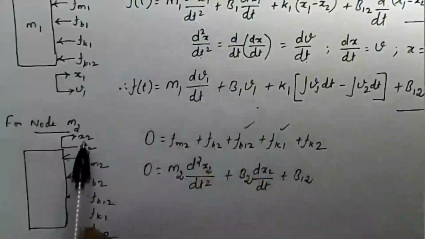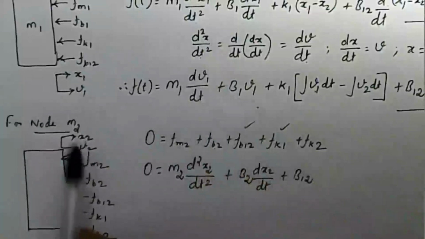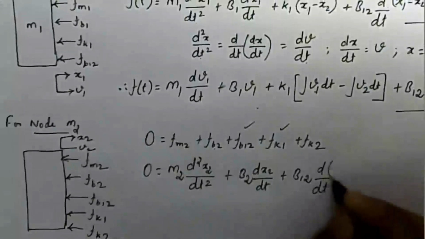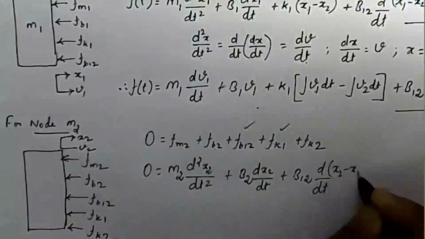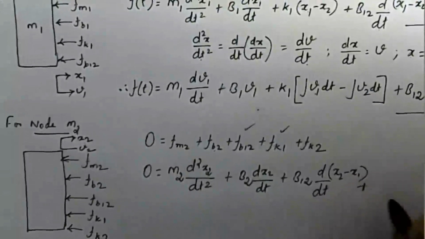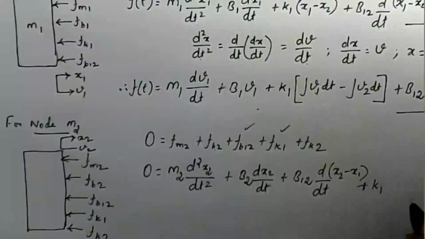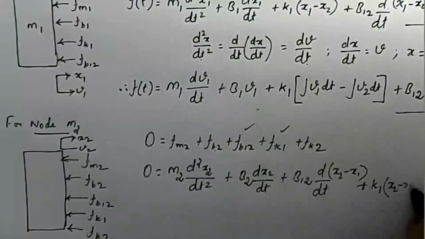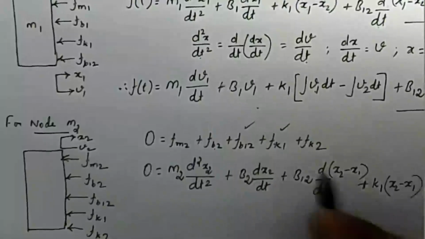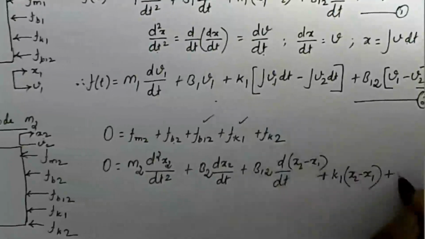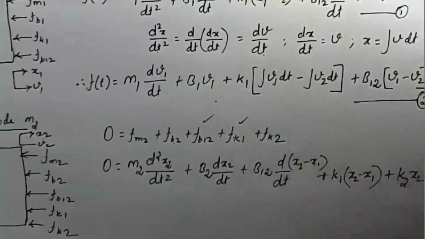So here the displacement is the M2 node displacement minus the M1 node displacement: d by dt of x2 minus x1, plus k1 into x2 minus x1, also a common element, plus the last term k2 into x2. This is taken as equation number 3.